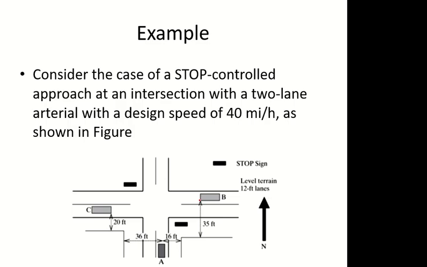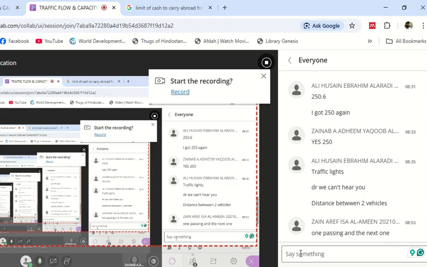It will not make much difference. So first of all, I will calculate the minimum distance required by these vehicles, vehicle B or C. The minimum distance will remain the same because we have level terrain and the same speed, 40 miles per hour.